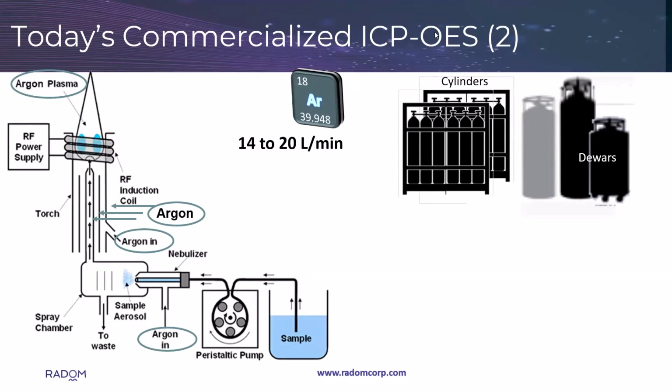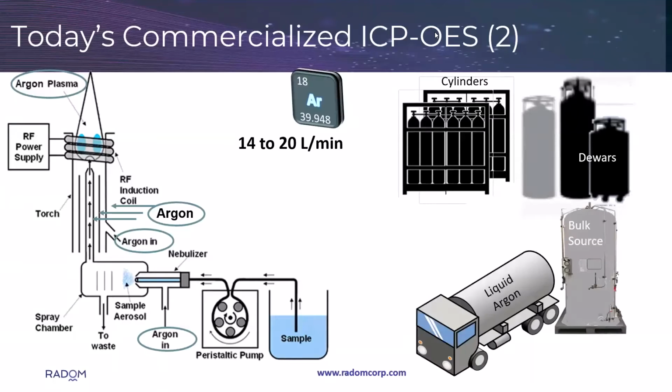Alternatively, Dewars can be purchased and installed in the laboratory. These contain liquid argon, which is pressurized, and then gas is delivered to the system. These range anywhere from 160 liters to 234 liters of liquid argon. For very high throughput labs or where argon is also used within a facility, a mini bulk dewar can be sold. In this case, telemetry is used to notify the supplier when the argon needs to be replenished.